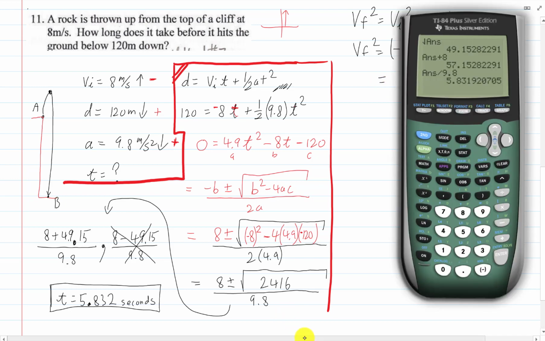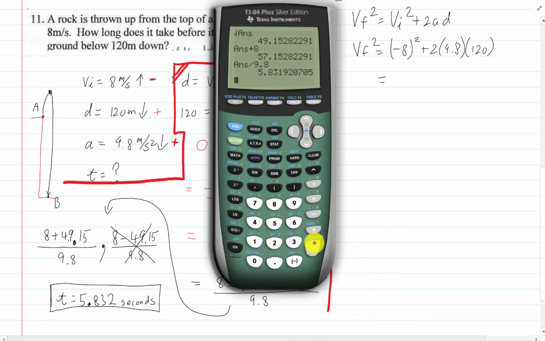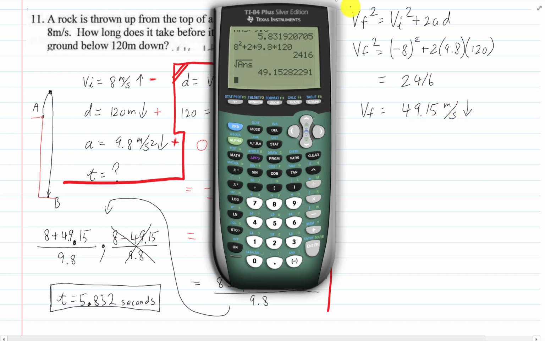So this is 8 squared plus 2 times 9.8 times 120, and I get 2416. So VF is going to equal the square root of that. You might be seeing something, don't say anything yet. 49.15 meters per second down is the impact speed.